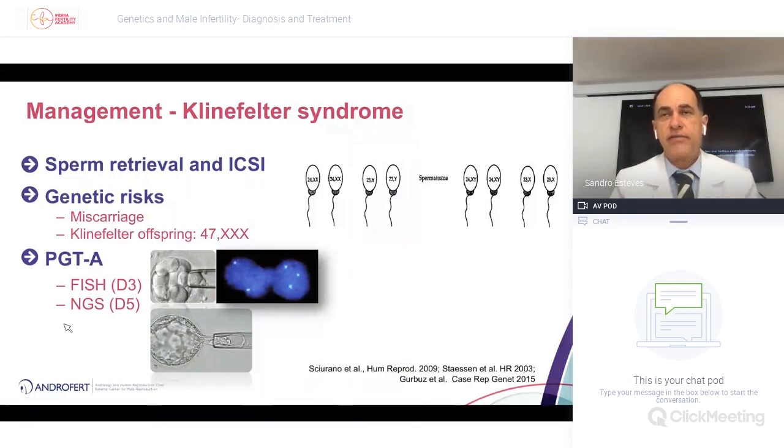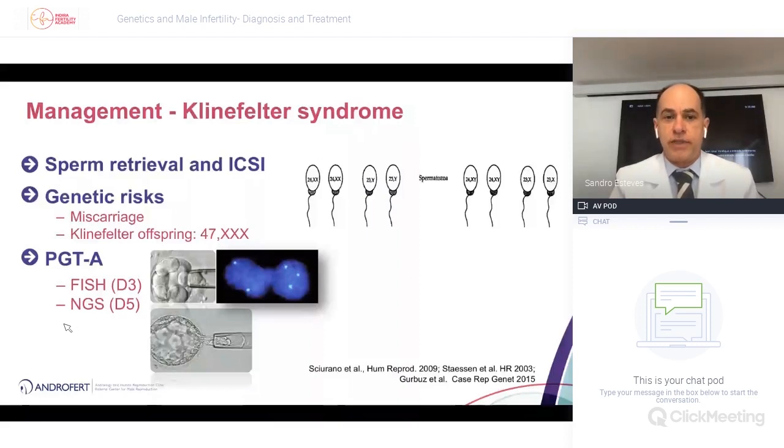However, it's important to recognize that even though PGT has been recommended for patients with Klinefelter syndrome undergoing ART, there are many reports in the literature suggesting that the offspring of couples whose male partner has Klinefelter syndrome is normal. So it questions the suggestion that we need to recommend PGT-A as mandatory for all couples undergoing IVF and ICSI.